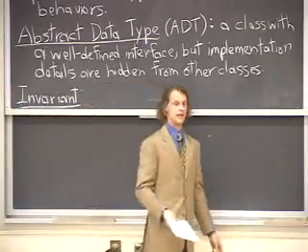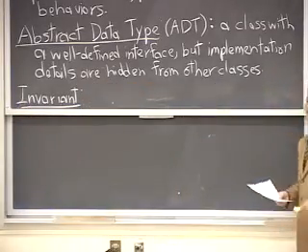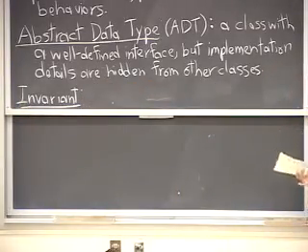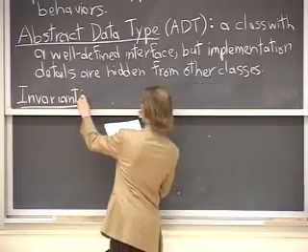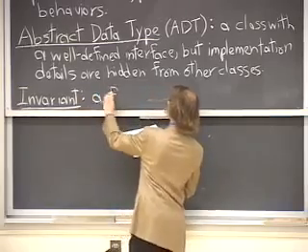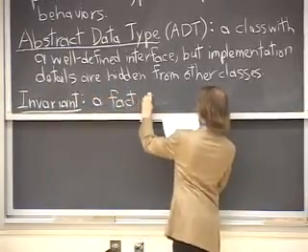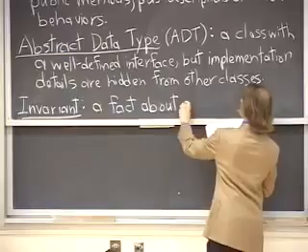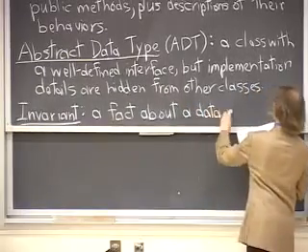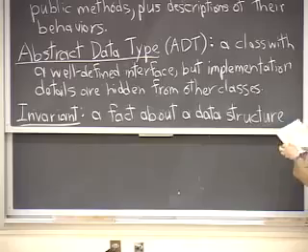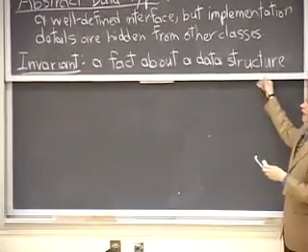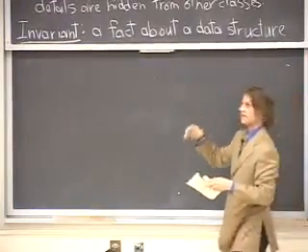One of the cool things about ADTs that really helps you reason about your programs and build huge programs that actually work is that an ADT allows you to enforce invariants. And an invariant is a fact about its data structure, well, specifically about how it is represented internally, that is always true, assuming that your code doesn't have any bugs in it.